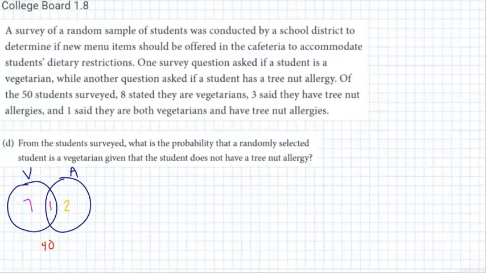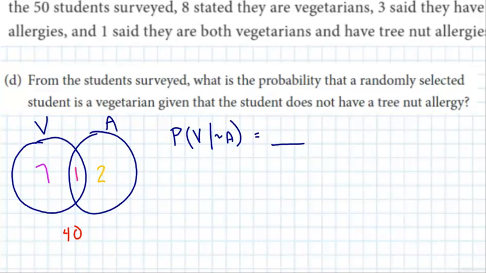And finally, we will calculate the probability that a randomly selected student is a vegetarian given that the student does not have a tree nut allergy. So this is what is called a conditional probability, which means that we are changing the sample space to only include students that meet the given condition. Because it says given that the student does not have a tree nut allergy, our sample space will only include the students that do not have tree nut allergies.